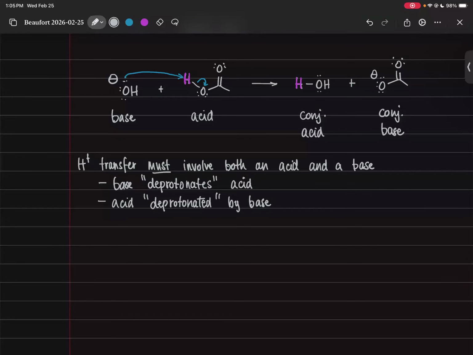The base has the electrons, and the electrons are what actually do the chemical reaction, so the arrows have to show that process. For our purposes, the base will always have a lone pair of electrons that it uses to grab the proton from the acid, to deprotonate the acid.